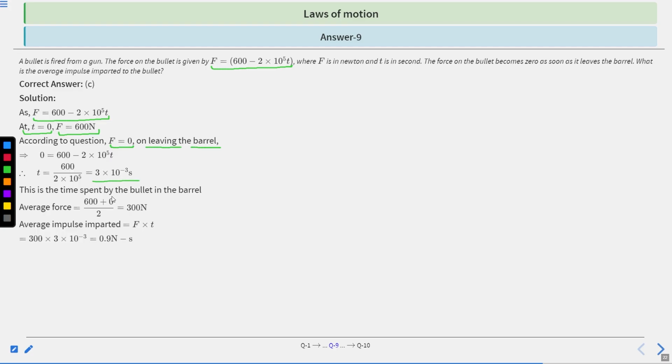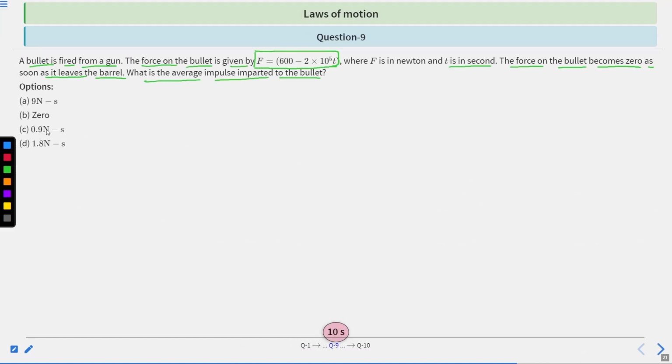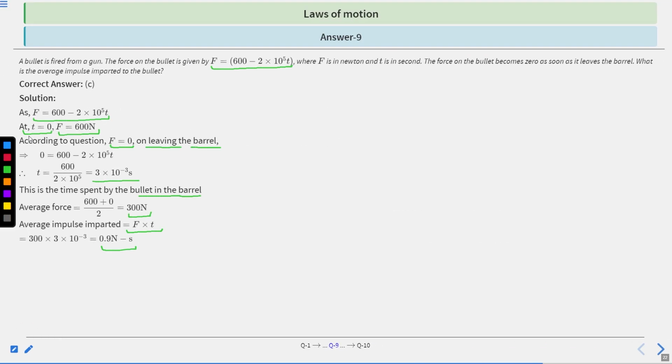This is the time spent by the bullet in the barrel. Average force equals 300 Newton, and average impulse imparted equals F into T. After putting all the numerical terms, the answer is this. So the correct answer is C. Next question.